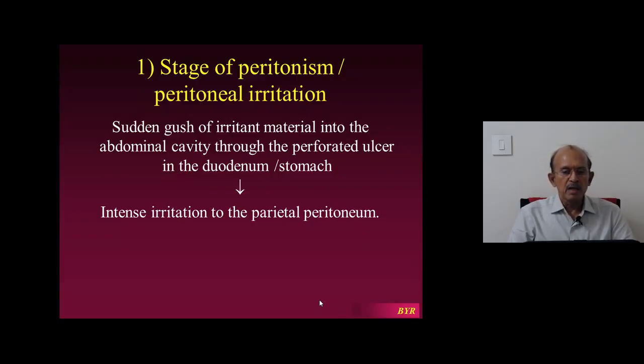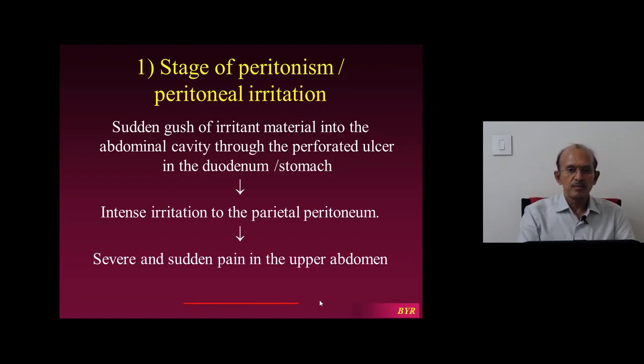And that also will cause overlying muscle spasm. That is why the abdominal muscles over that parietal peritoneum go into spasm. So the patient gets severe and sudden pain in the upper abdomen.